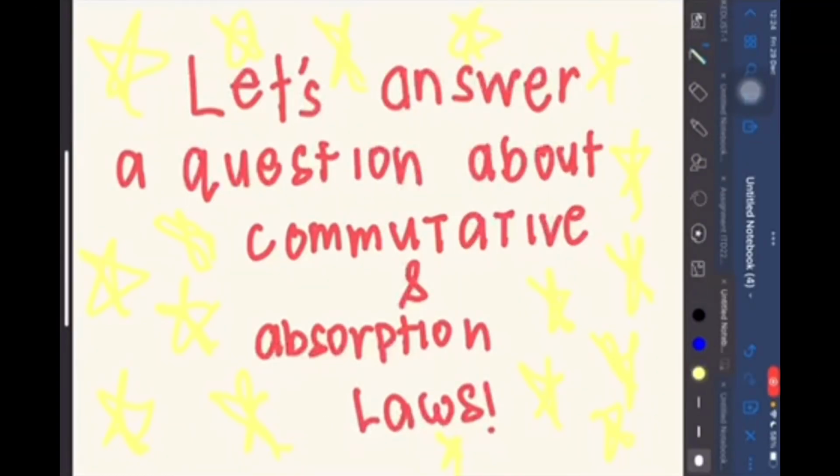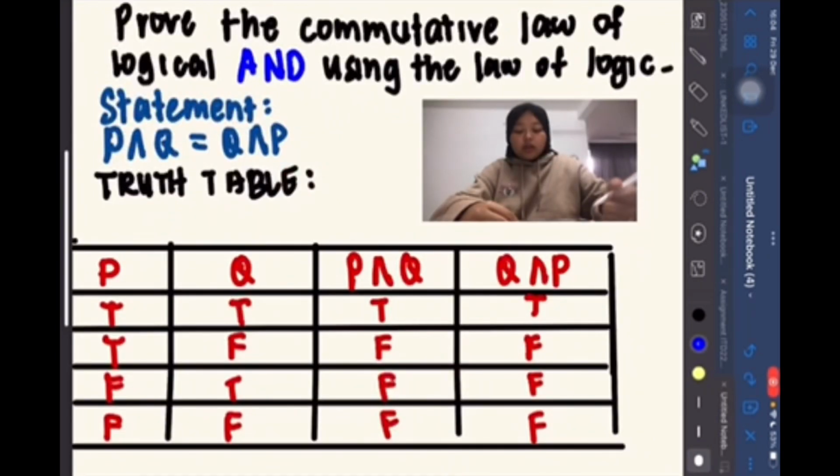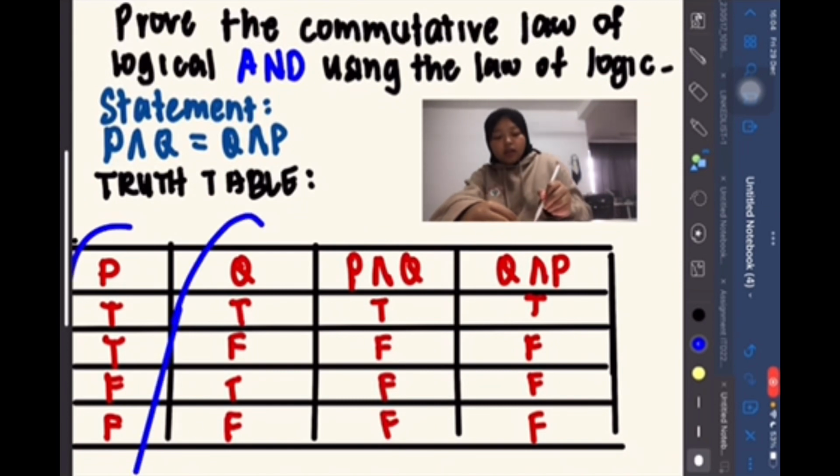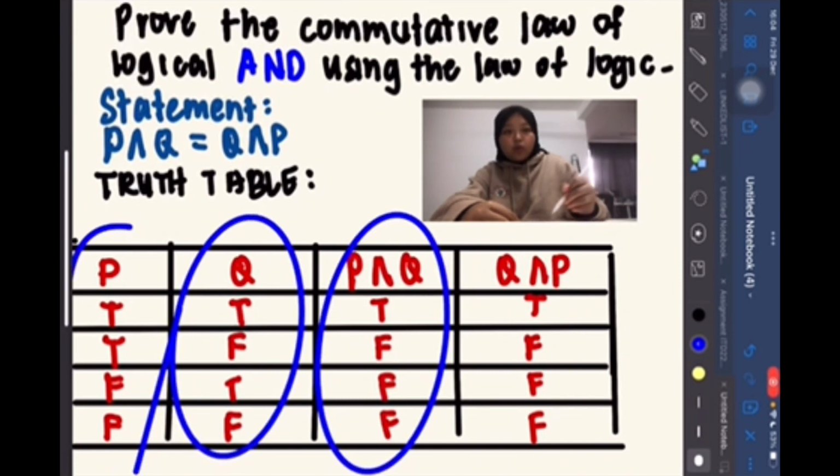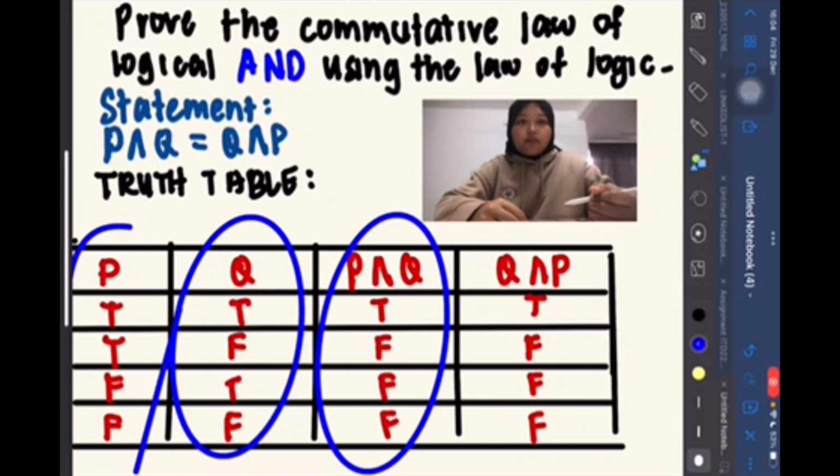Hi, let's answer a question about commutative and absorption laws. First of all, we start with commutative laws. The columns for P and Q, and Q and P, represent the result of the logical AND operation between P and Q and between Q and P respectively.